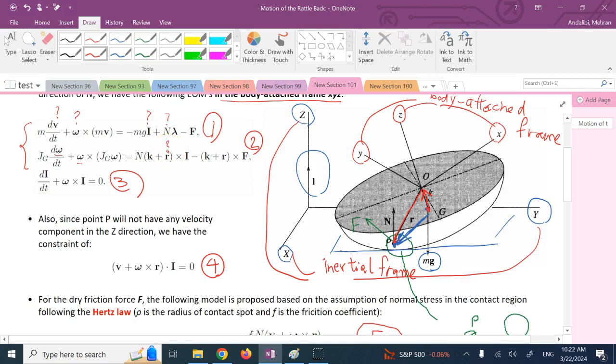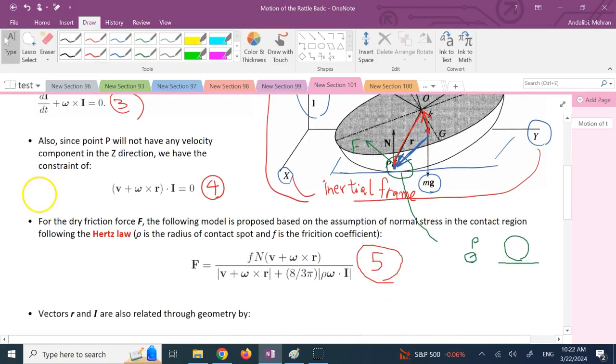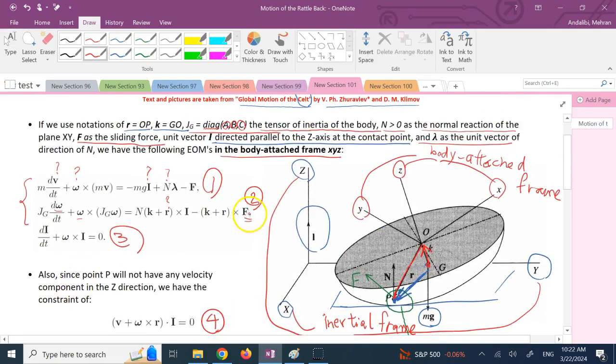So we need to have a bunch of relations here. What about f? Well, if you look at f, f here is given in terms of v and omega and r and n. Since these are already counted as unknowns, I'm not going to count f as an extra unknown here.